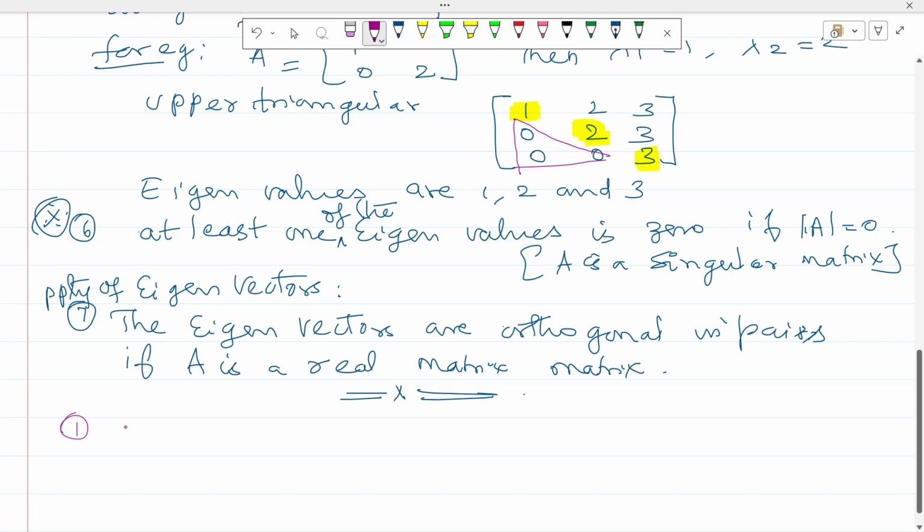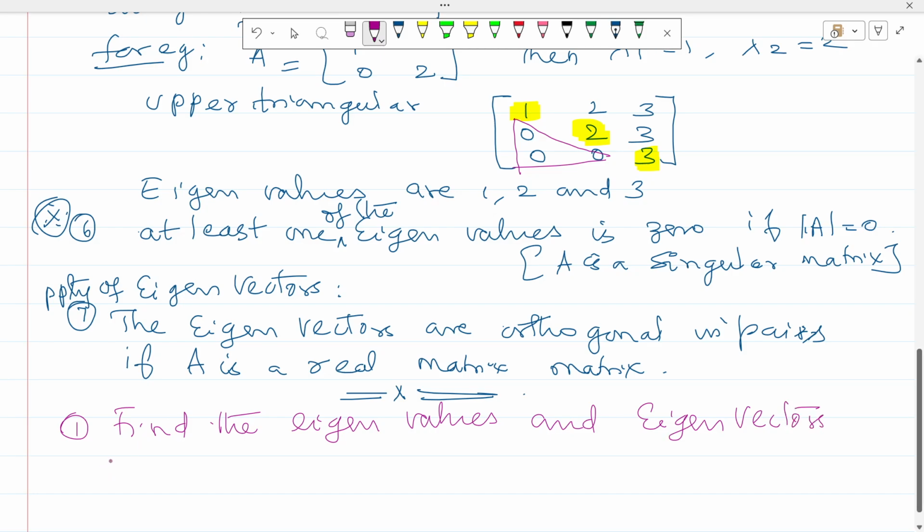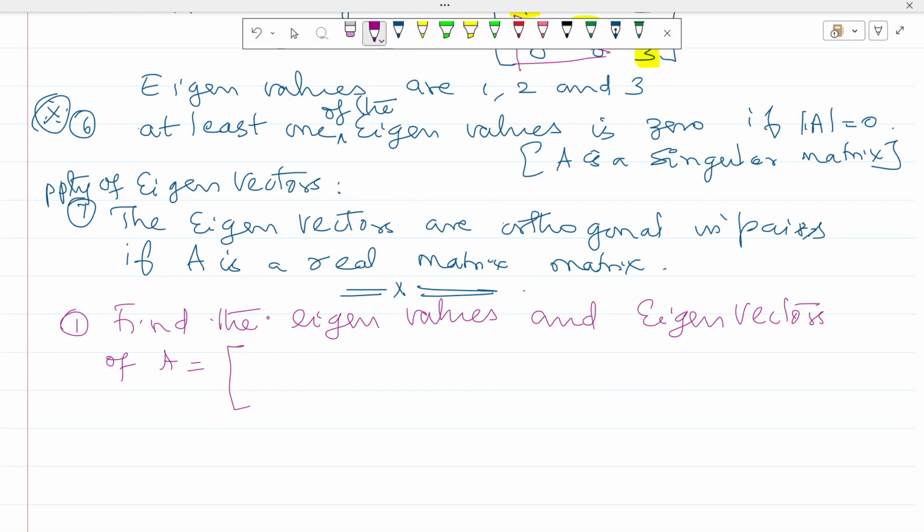First problem, find the eigenvalues and eigenvectors of the matrix A equal to [2 -2 3; 1 1 1; 1 3 -1].